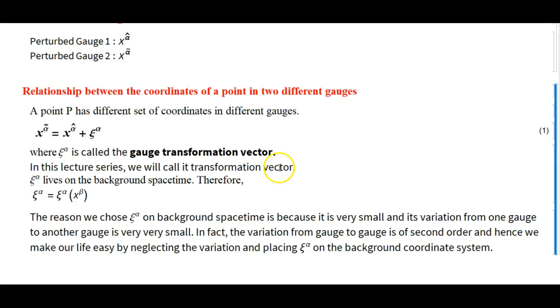So we are going to define this xi alpha. Xi alpha is the transformation vector, and we say that the coordinates of the tilde gauge, which is gauge 2, are related to the coordinates of the caret gauge through this relationship, and this xi alpha is called the gauge transformation vector.